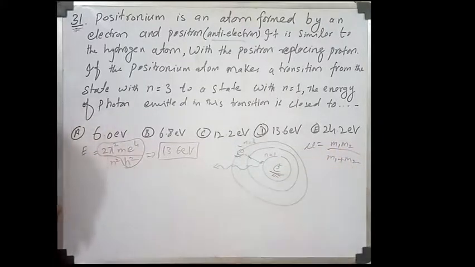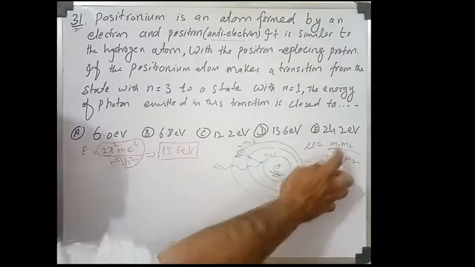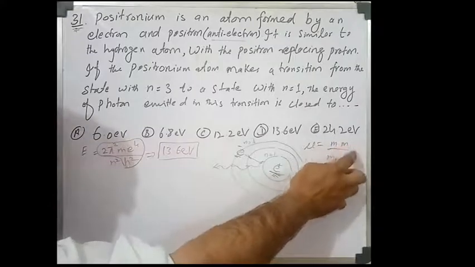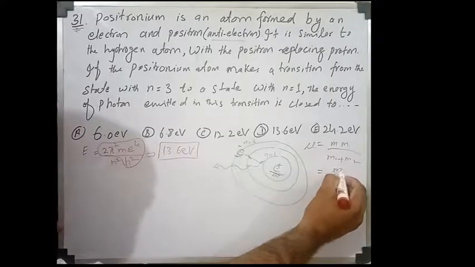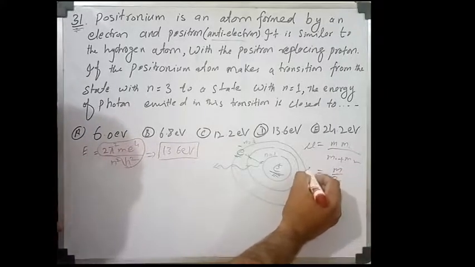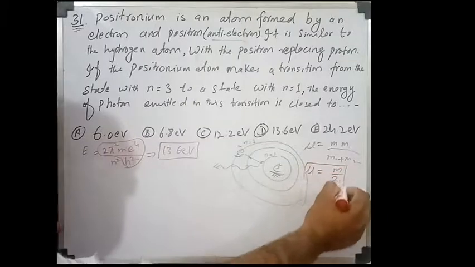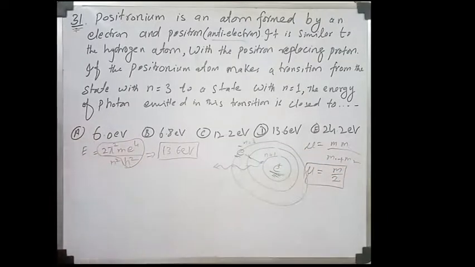Here m1 and m2 are the masses of the electron and positron. Because these two particles have the same mass, we can say m divided by m plus m, which is equal to m divided by 2. So the reduced mass of this system will be half of the mass of the electron.